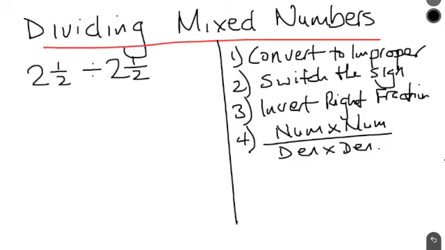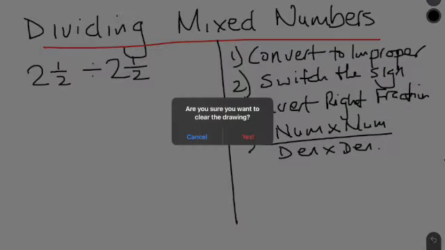Okay, so let's divide 2 1/2 by 2 1/2. Two and a half divided by 2 1/2.